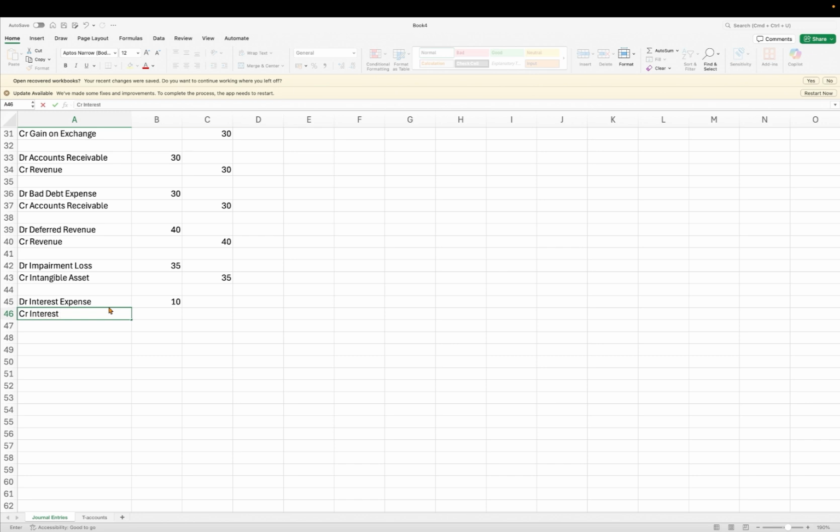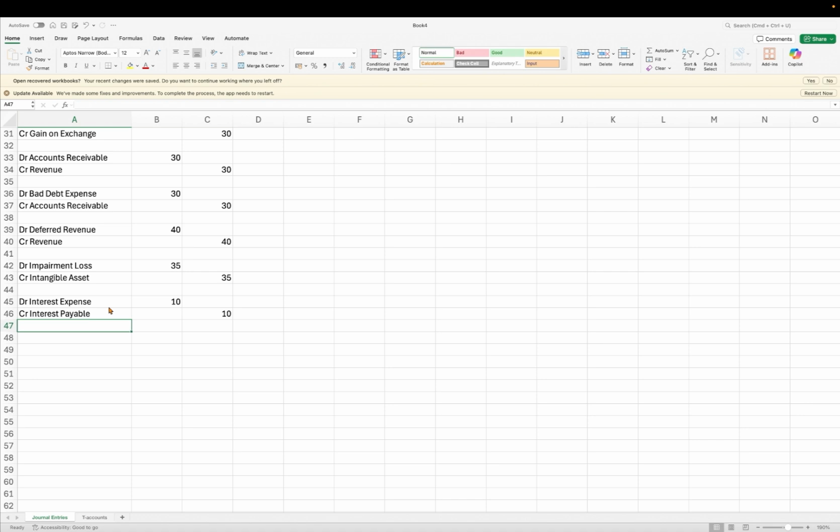By the way, even though the interest has not yet been paid, accounting requires that the expenses be recorded when they're incurred. So interest expense increases with a debit. Interest payable represents the obligation to pay the interest and increases with a credit. We have 10.